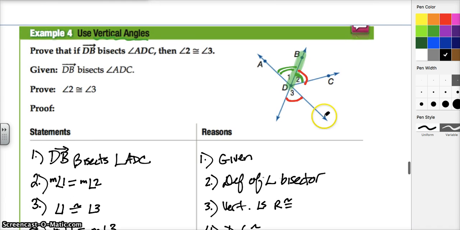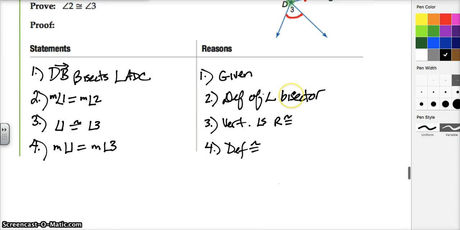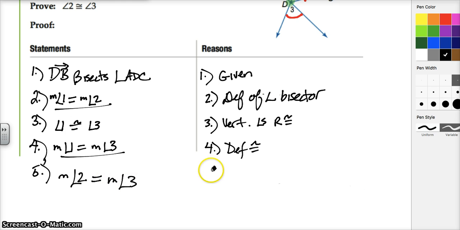Remember, I'm trying to prove that these guys are congruent. And if I can prove that they're equal, then I can prove they're congruent. That's not too bad. So I'm going to play off this situation here. If this is the case and this is the case, then by transitivity, I can say that the measure of angle 2 is equal to the measure of angle 3. This is the transitive property of equality.